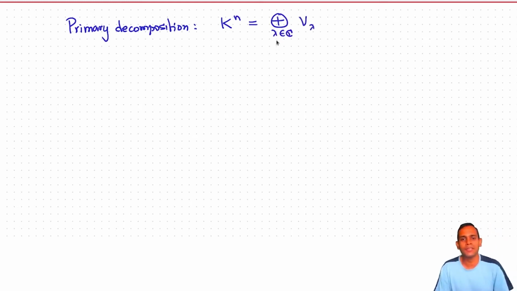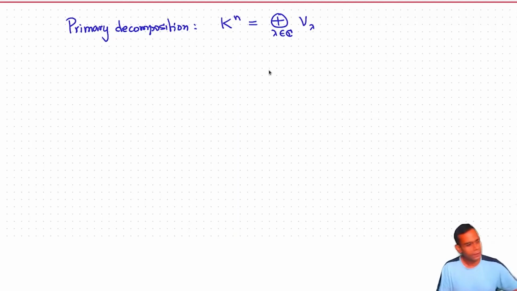On the face of it, this looks like an infinite direct sum, but it isn't, because the generalized eigenspace will be trivial for all but finitely many lambda in C. And because K^n is a finite dimensional vector space, this is a finite direct sum.